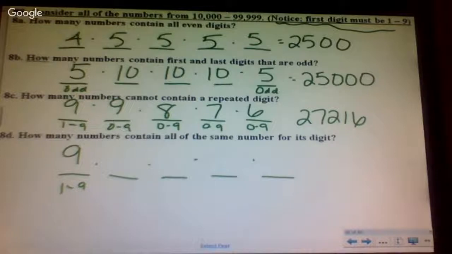So how many options do we have for every other space? 1. Okay. If I pick a 7 here, I only have 1 7, 1 7, 1 7, 1 7. Options to have a number that's like 2 2 2 2 2. Because once you've picked that first number that you have 9 to pick from, you only have 1 option the rest of the way. Does that make sense? Okay.